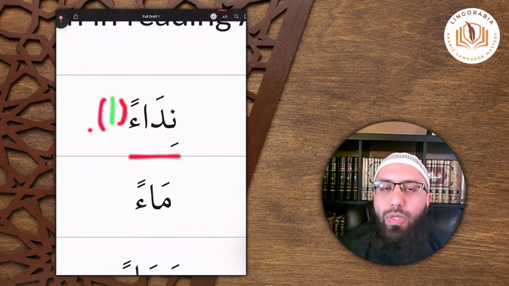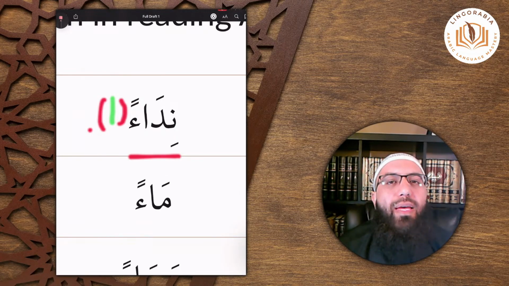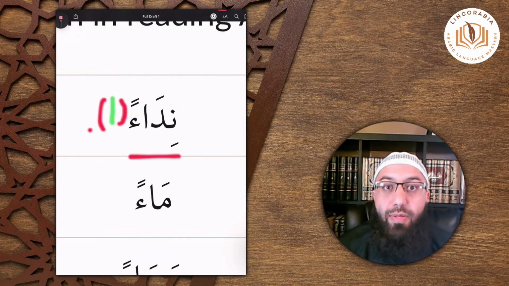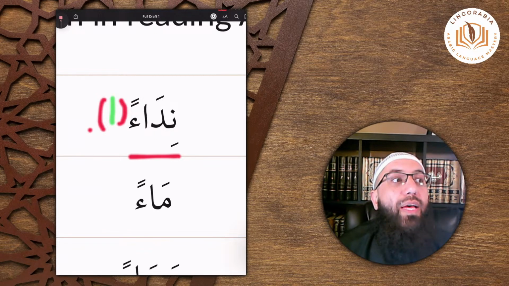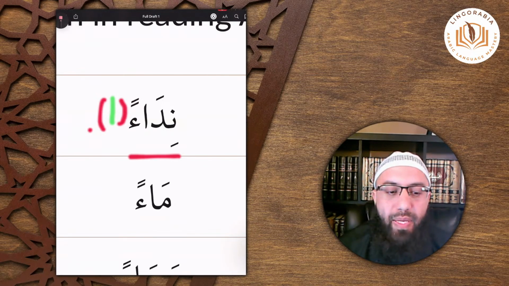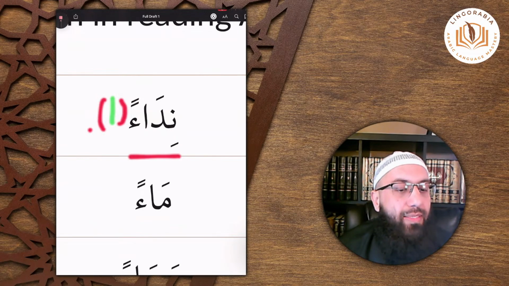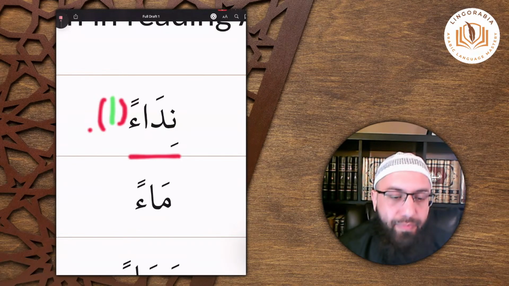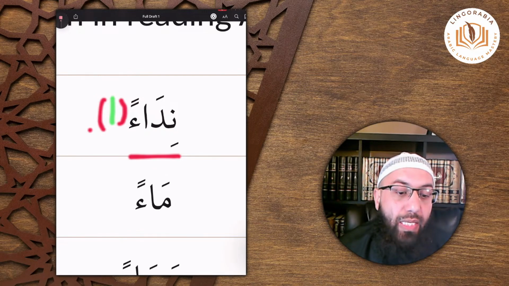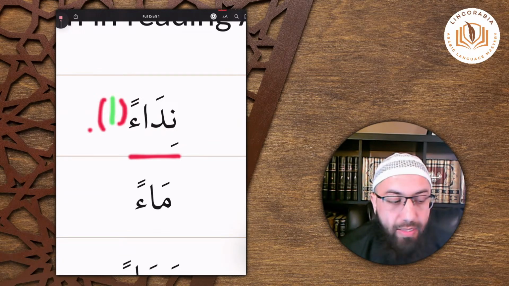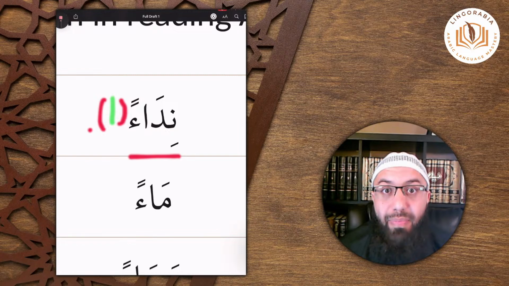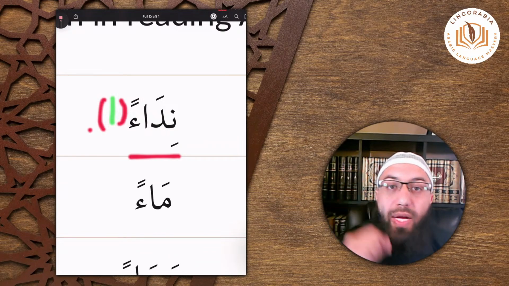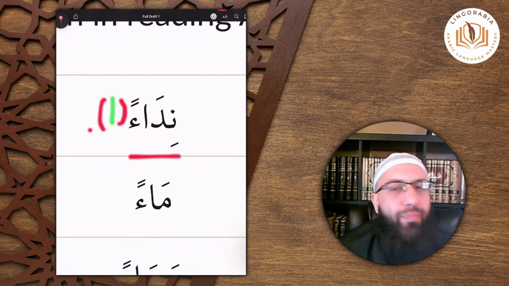So you don't say nida or nida'an when you stop. When you stop, you say nida'a. This is also in the Quran, so you have to read this correctly. Whenever you have this word in the Quran and you stop on it, make sure that you add an alif.